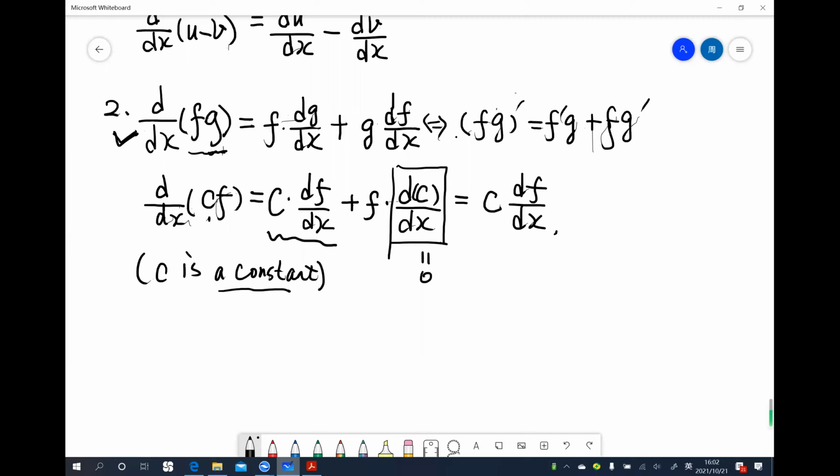That equals C times df/dx plus f times dC/dx. Because C is a constant, dC/dx equals 0, so this part equals 0.